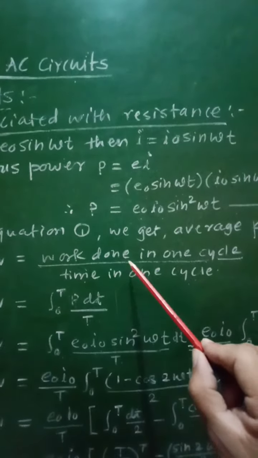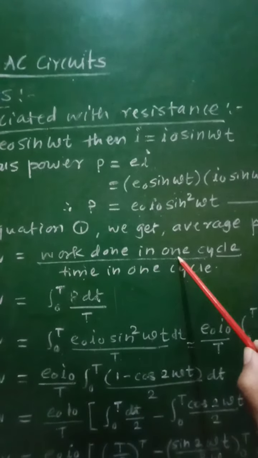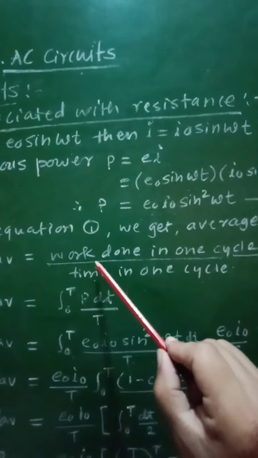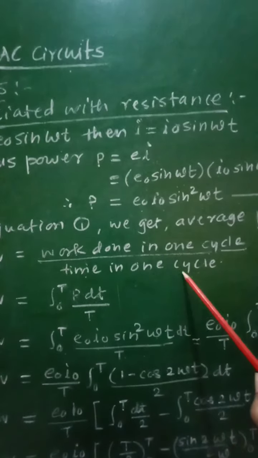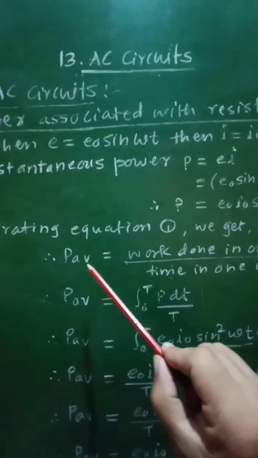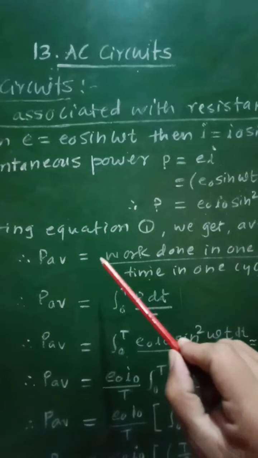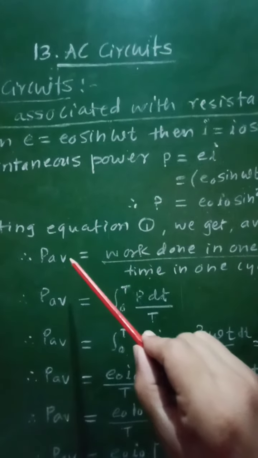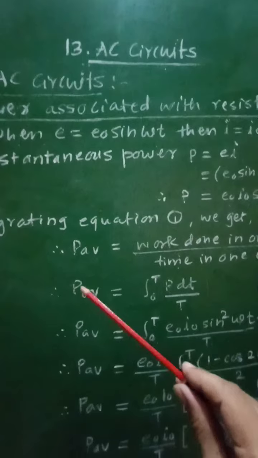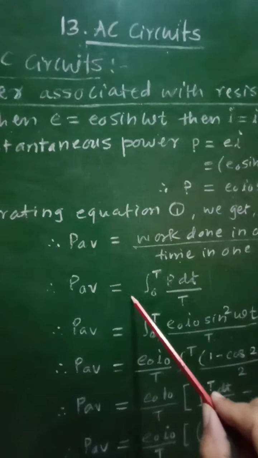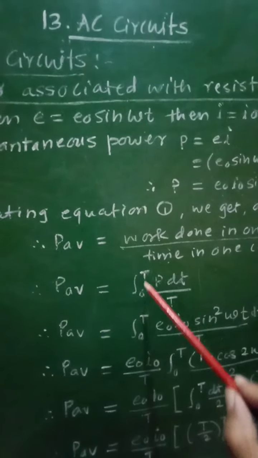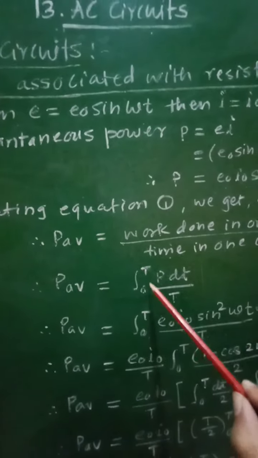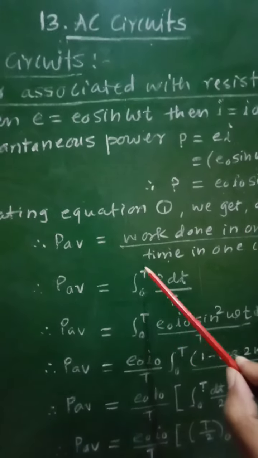So here we will consider one complete cycle of AC, and work done in one cycle divided by time in one cycle will give us average power. Work done will be equal to power into time, so P average will be written as integration from 0 to T, which are the limiting values of time for one cycle, of P dt.